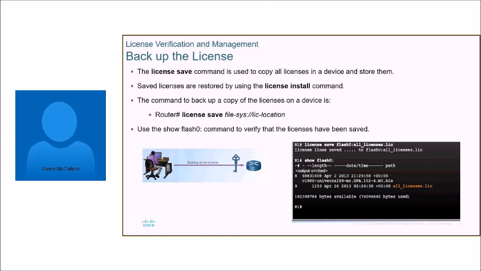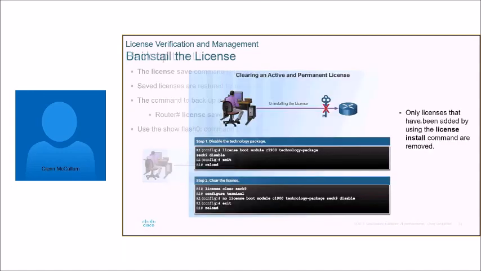From there, of course, you could copy it off of the device onto a TFTP server or whatever it might be. You can uninstall licenses as well. License boot enable sec9 disable, and then you can go no license boot module.